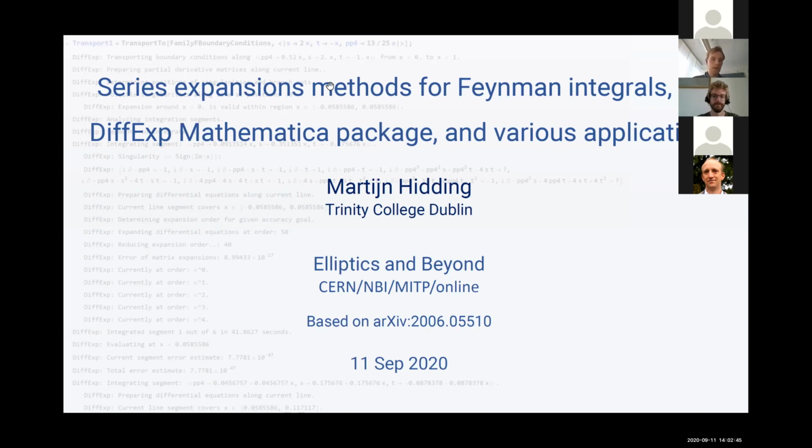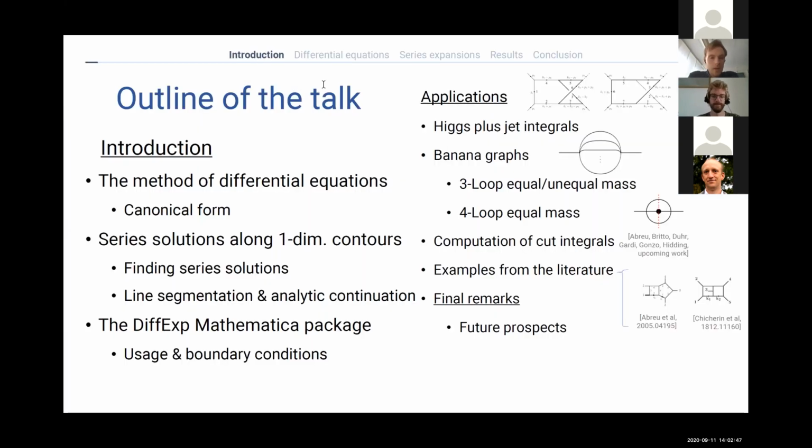So as an outline of the talk, I will start by discussing the method of differential equations, which is kind of underlying most of what I will be talking about. And then I will discuss how by solving differential equations along one-dimensional contours, and finding series solutions along these contours, you can obtain high precision results for many Feynman integrals.